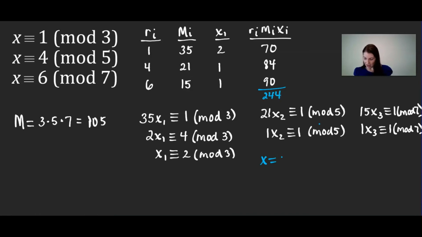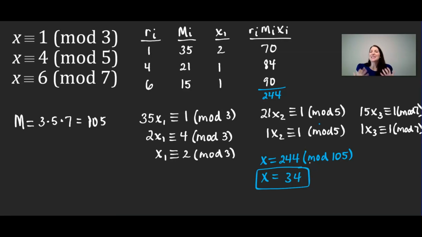So to find x, it's 244, but in my unique modulus of 105. If you find 244 mod 105, you get the final answer of 34 as the value of x.